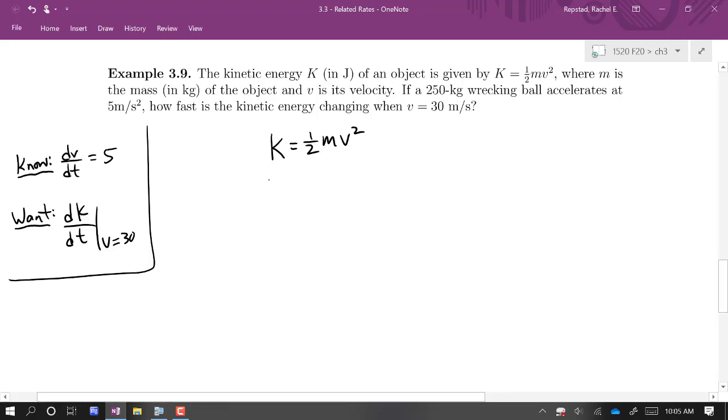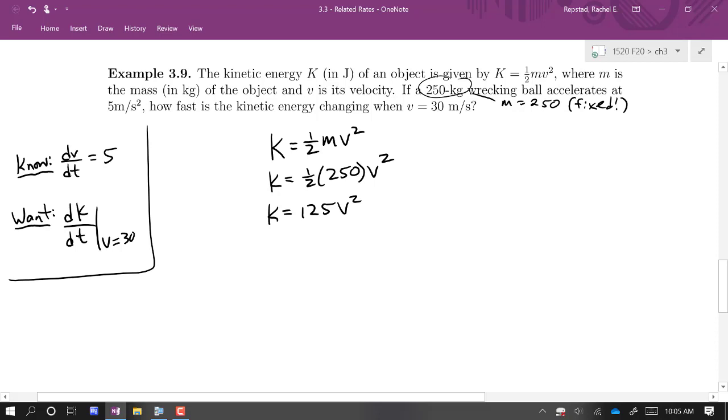So I'm going to plug in the mass. One half of 250 is 125. So now we have an equation just with K and v, and that's perfect for the problem that we're trying to solve.